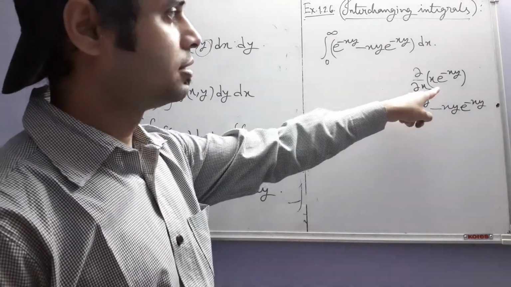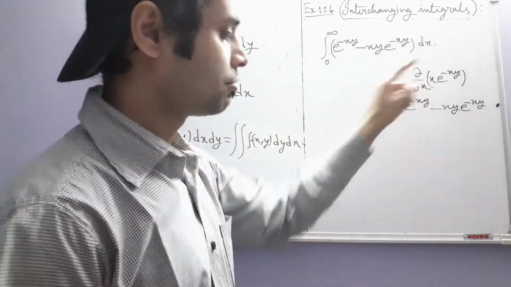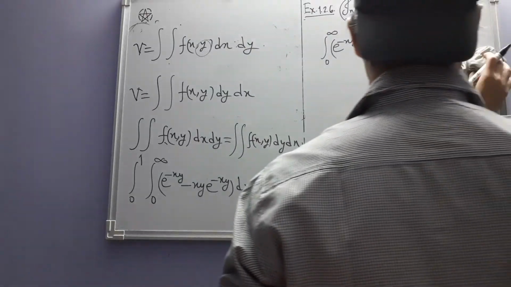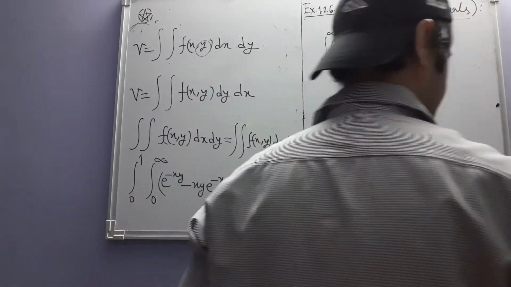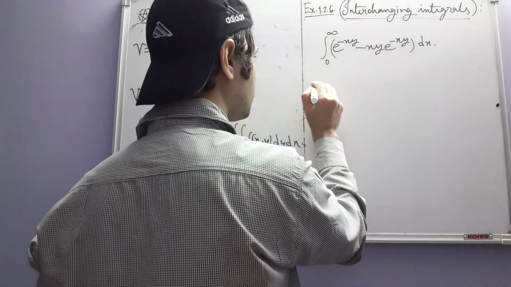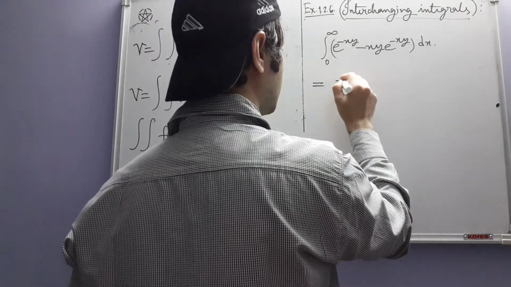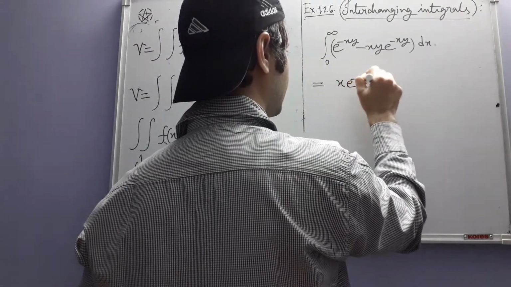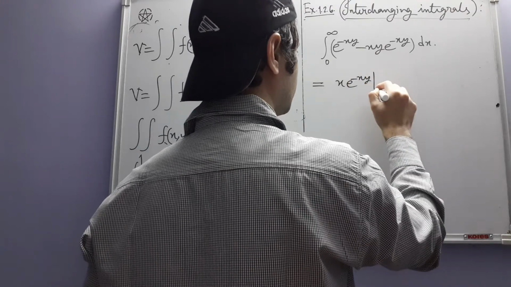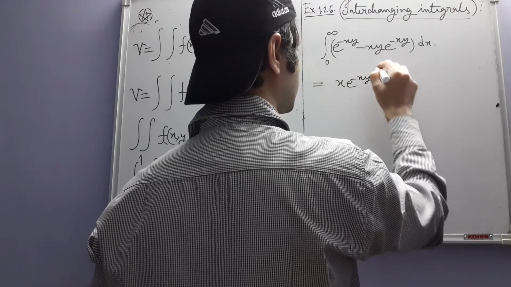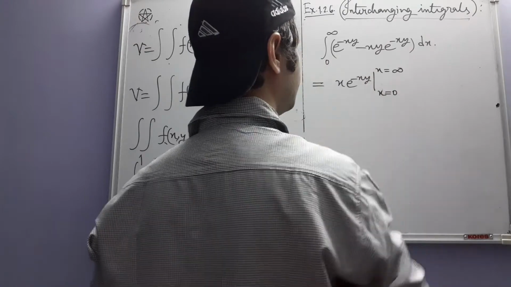So that means this integration is given by this x times e to the power minus xy, where the limits are x equal to 0 to x equal to infinity.